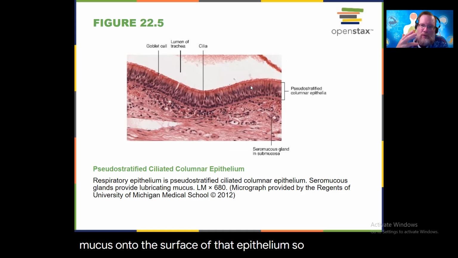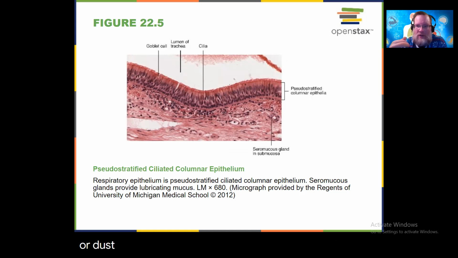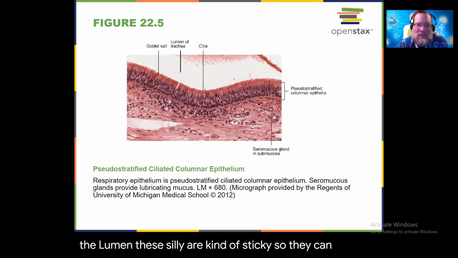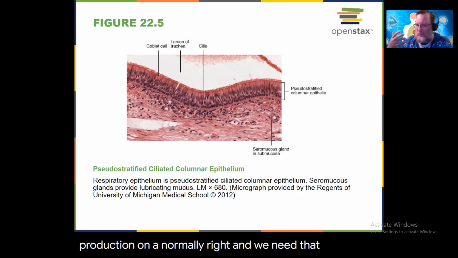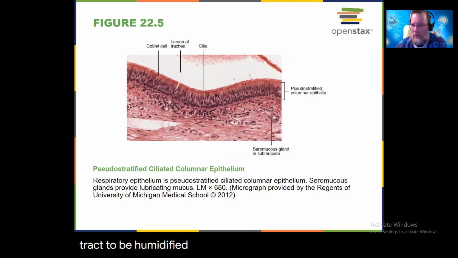So when debris or dust and dander and other gunk passes into the lumen, these cilia are kind of sticky, so they can pick up a lot of that dust and dander. We also have mucus production normally, right? We need the respiratory tract to be humidified, so the mucus does help with humidification.